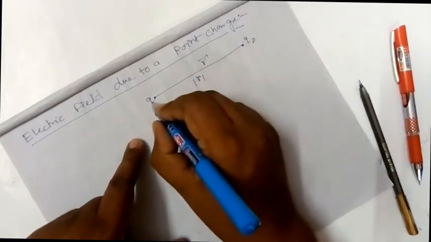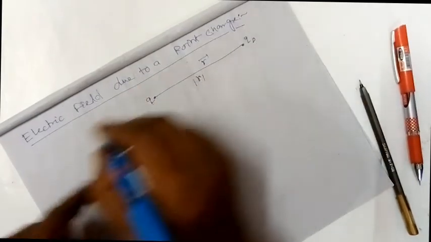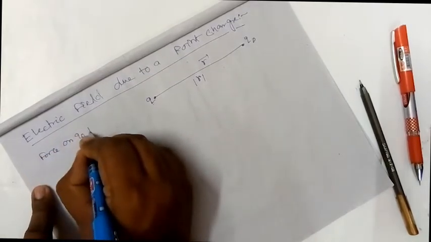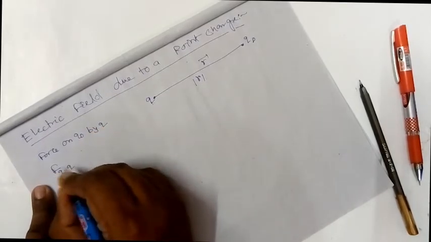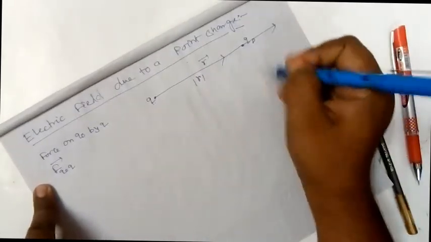So the force acting by Q on Q naught, F of Q naught due to Q, will act in this direction because it will repel it. The magnitude is 1 by 4 pi epsilon naught Q into Q naught by r square r cap.